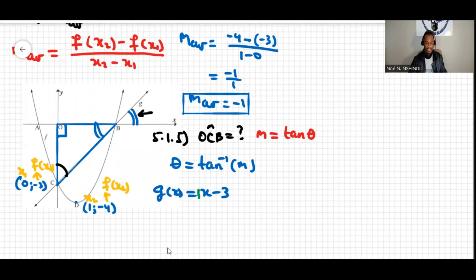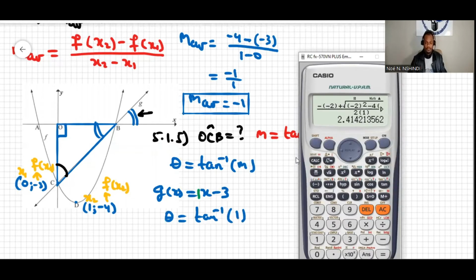So the angle formed by G there is simply tan inverse of 1. We can use our calculator to get it. I know tan inverse of 1 is 45, but let's just do it. You press shift, the shift button here, and then tan.